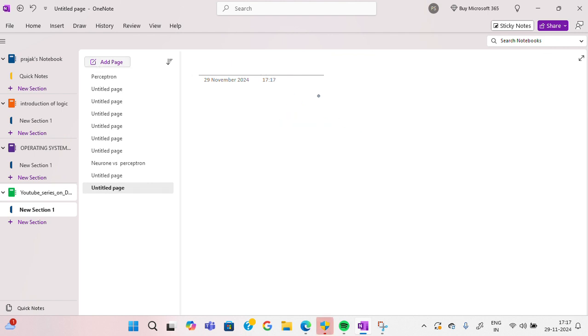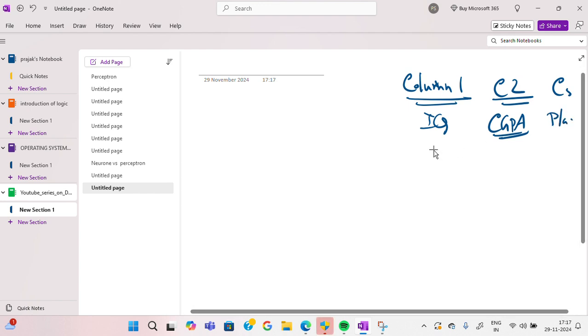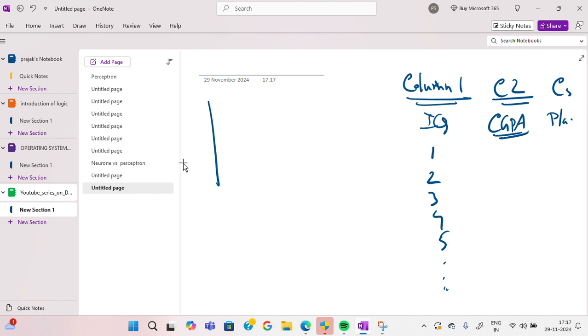If I consider our old dataset, this is column 1, our IQ, column 2, our CGPA, and this is column 3, our placement. So this is point 1, 2, 3, 4, 5, 6 and so on, this is the data. For a 2D plot of this dataset, we are taking two variables at a time: one is our IQ and one is our CGPA.